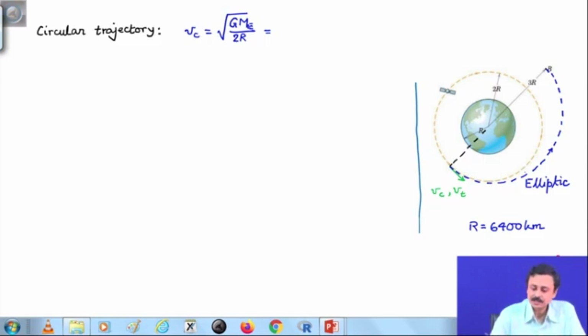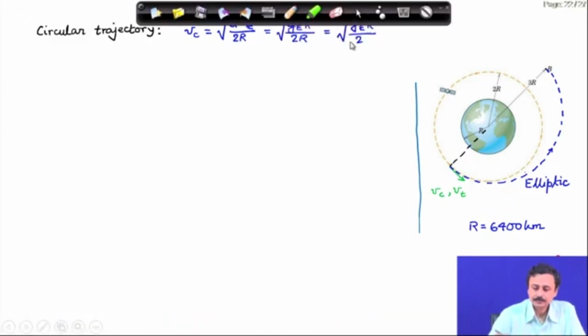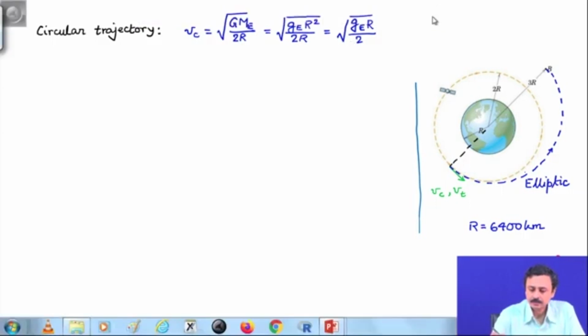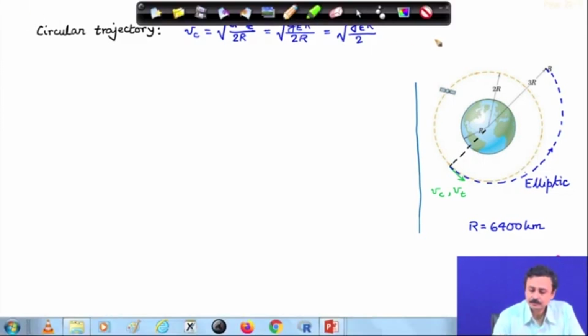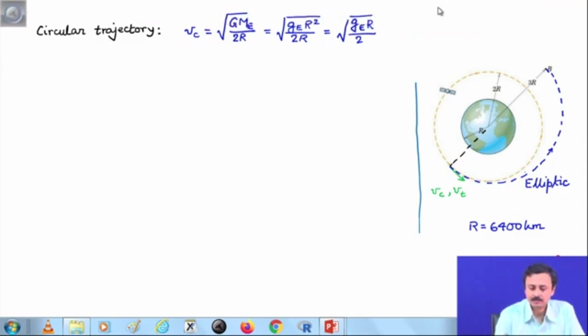Therefore, V c is this, and if I replace G M e as g R square, this we have discussed, G M is equal to the acceleration due to gravity on the surface into the radius square.